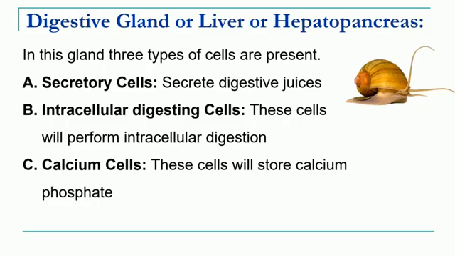So three types of cells are present in the hepatopancreas: secretory cells secreting digestive juices, intracellular digesting cells which perform intracellular digestion, so we see that in Pila globosa there is a dual type of digestion, intracellular as well as extracellular digestion, and the third type, calcium cells, which store calcium phosphate.